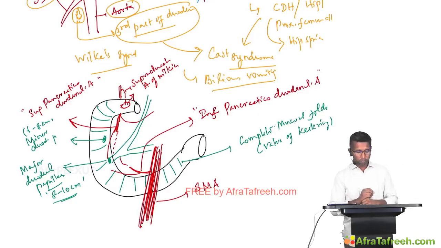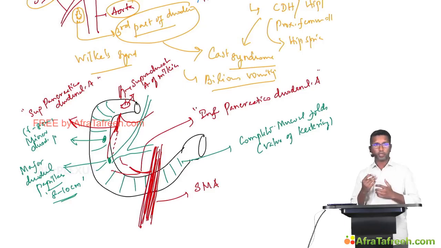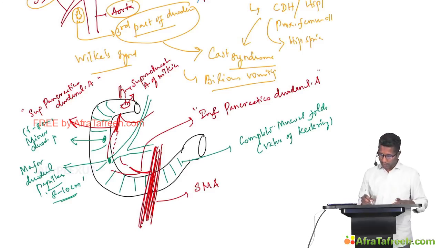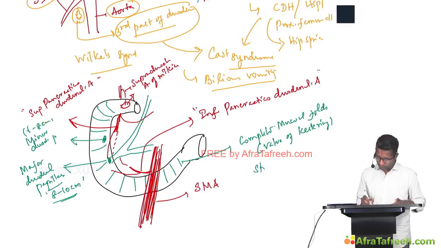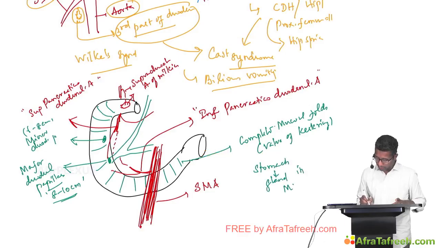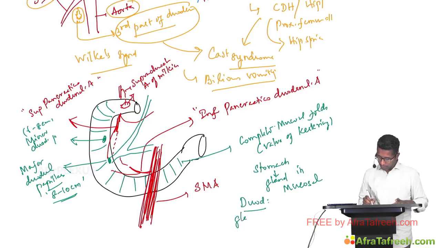One important differentiation of the duodenum is, normally if you take the pyloric region of the stomach, usually the glands are located in the mucosal region, whereas in the duodenum, guys, very important, the glands are situated in the submucosal region.